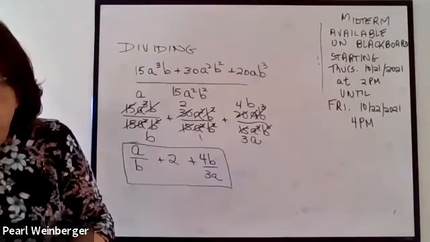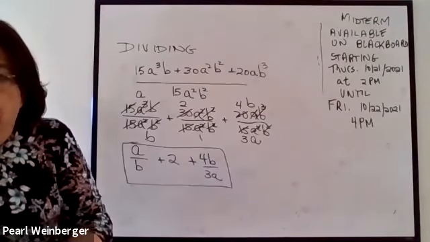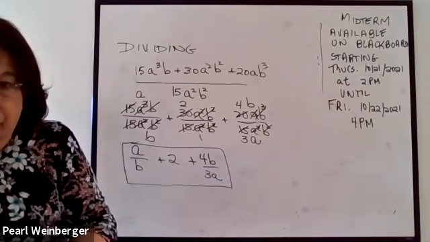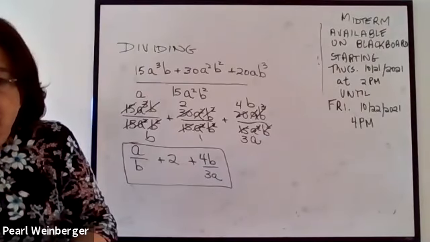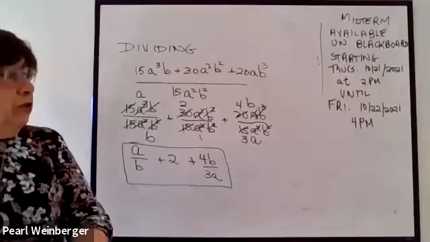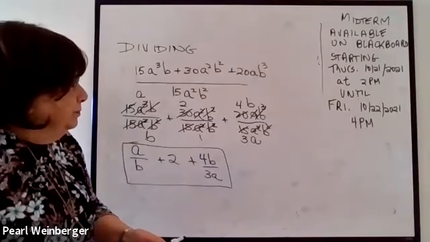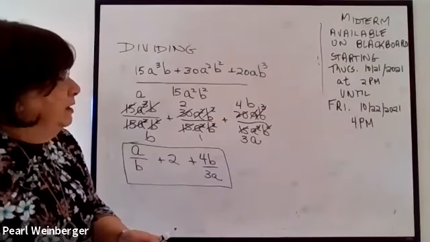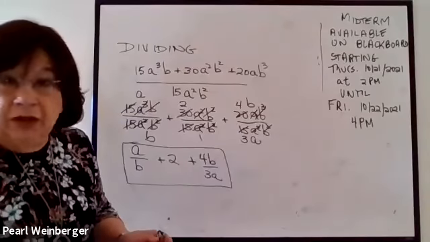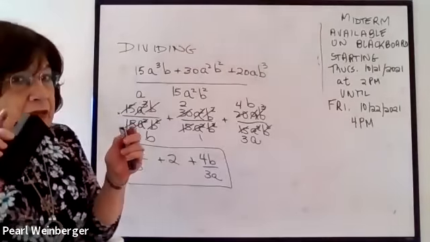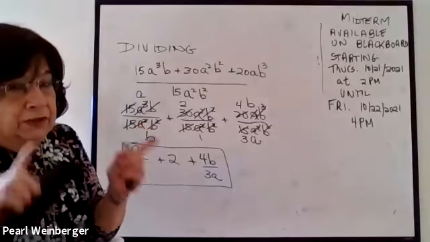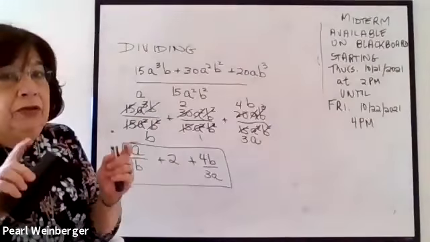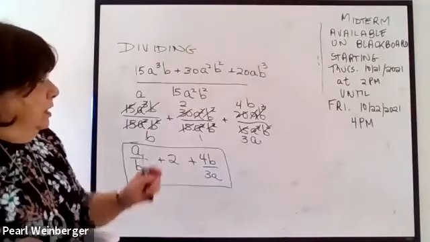Yeah, I did understand it, but I did make a mistake at the end with the crossing out of the a's. I ended up with 3ab. I forgot to put it at the top. Okay, so that's the only thing you have to remember, that the answer always comes out where the larger exponent was.